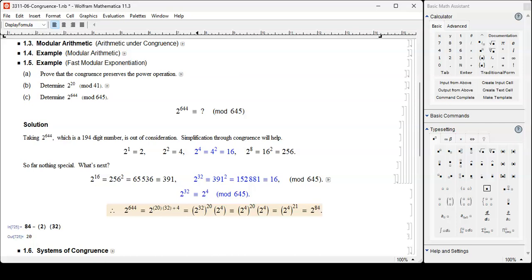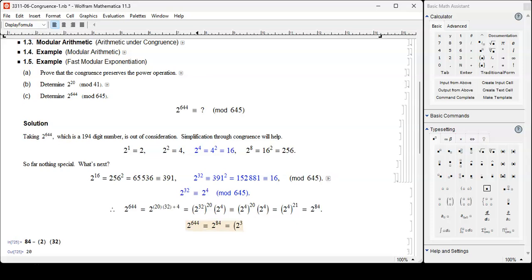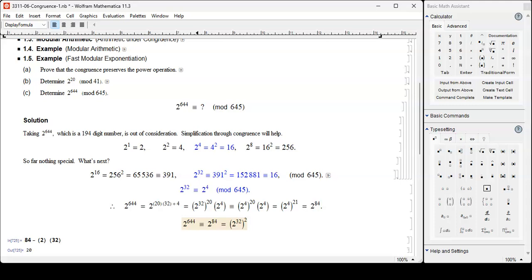So we are going to get that. 2 to the 644 power is down to 2 to the 84 power, and this is 2 to the 32 power, squared, times 2 to the 20th power. Is that right? Did I skip too many steps?